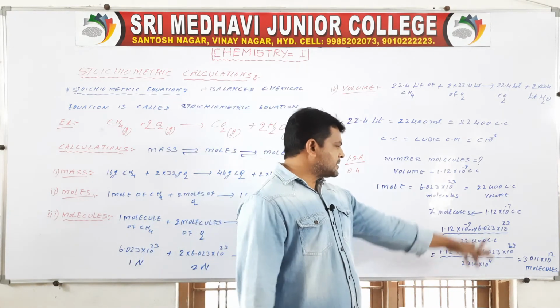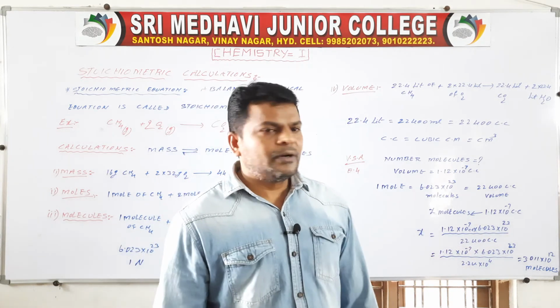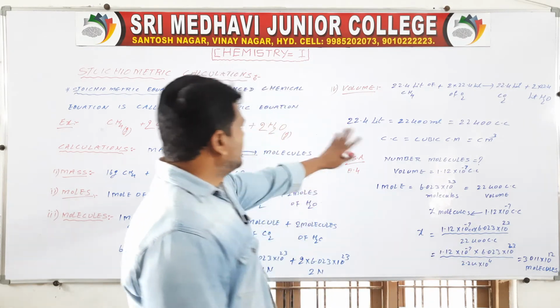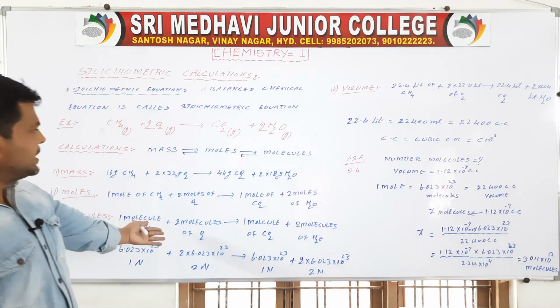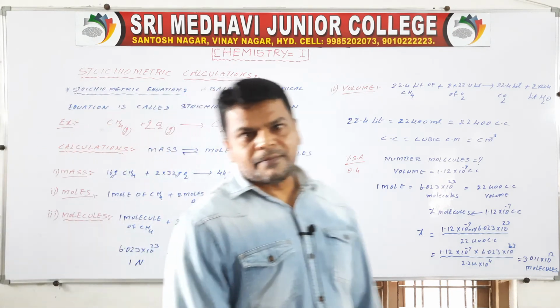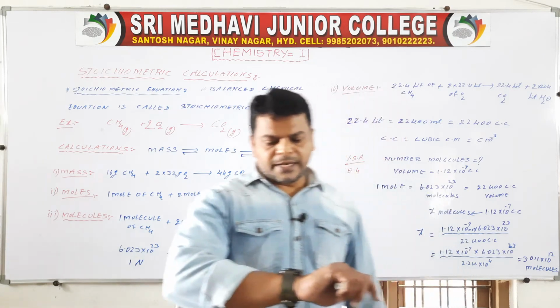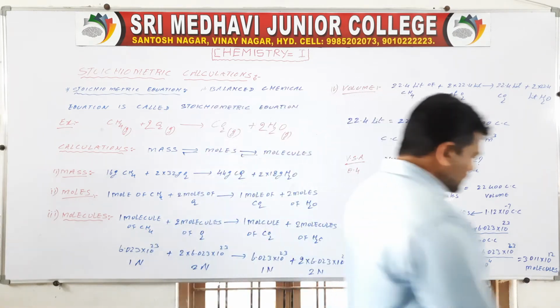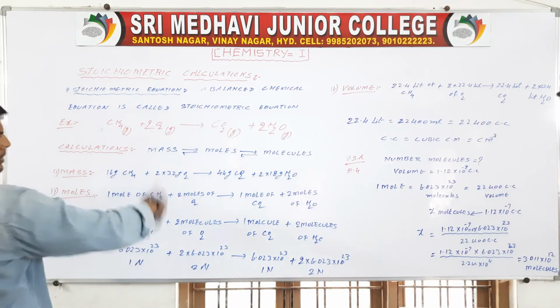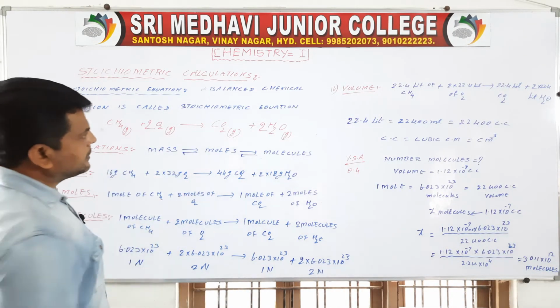If you cancel this, then you will get 3.011 into 10 power 12 molecules. Based on this we will solve this type of problems. Understand? You have to remember this, very important.